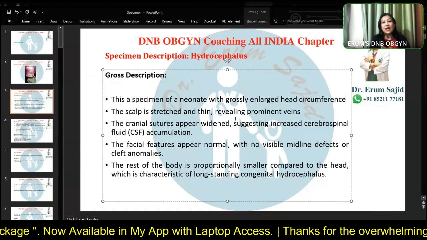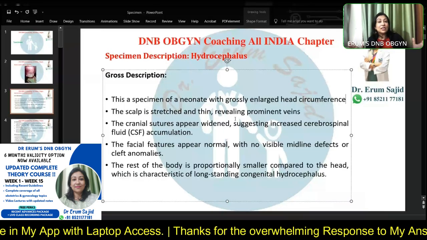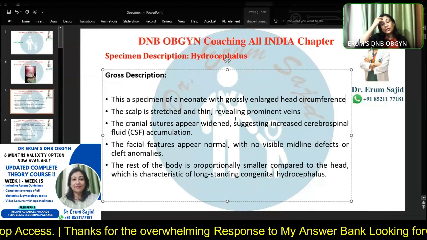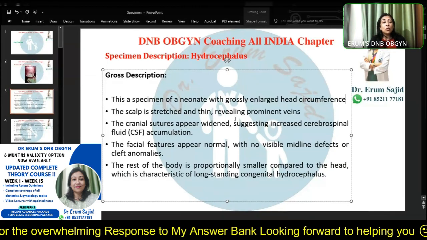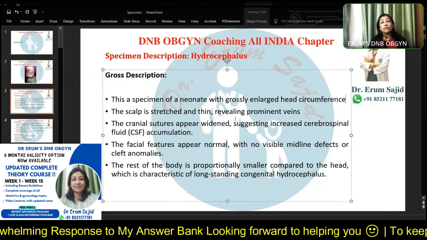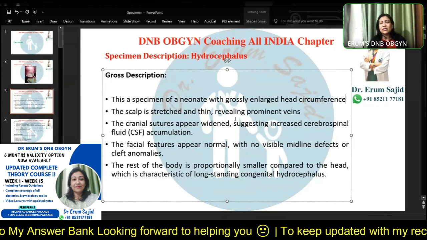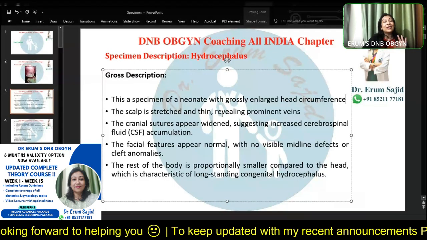Also, you have to specify that because there's no obvious abnormality apart from the enlarged head. The body is proportionately smaller as compared to the head, and there are no visible midline defects, most probably suggestive of a congenital hydrocephalus. Long-standing, short-standing, you don't have to specify, but most probably a congenital hydrocephalus. That's the way you'll speak.